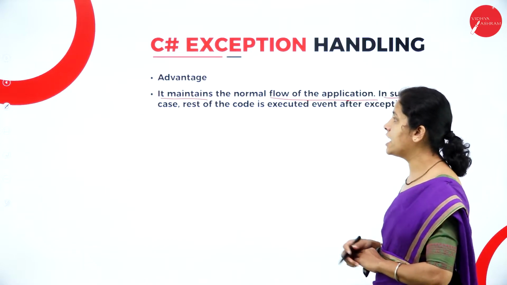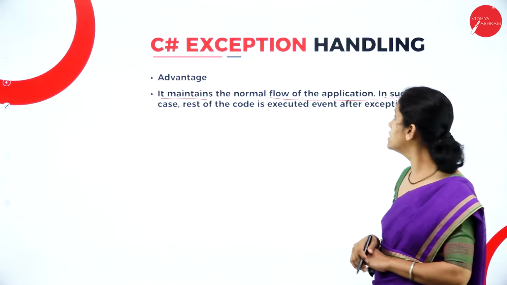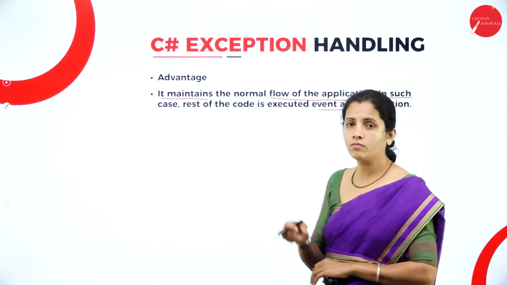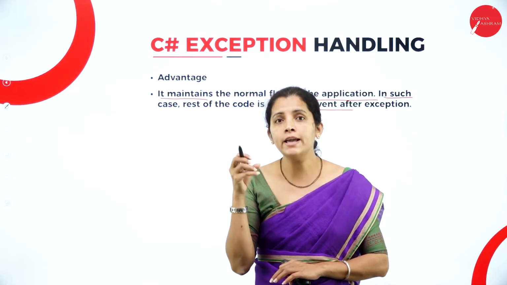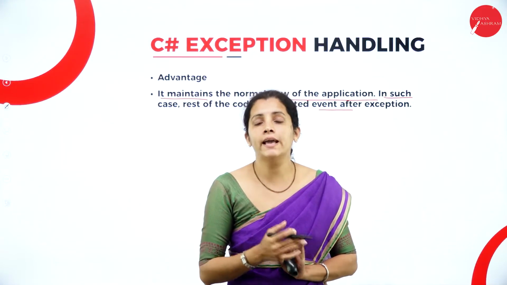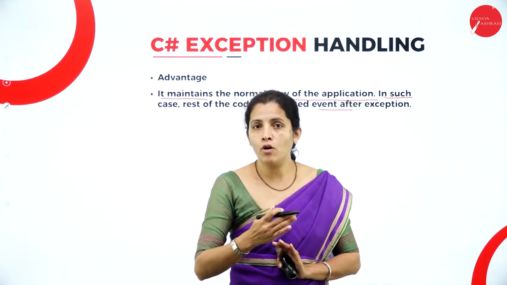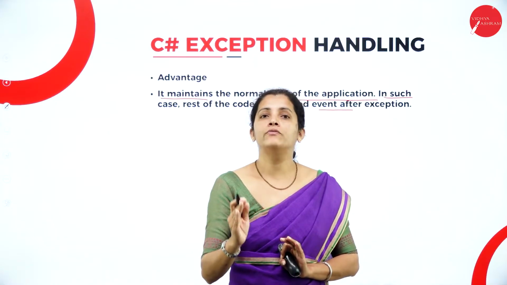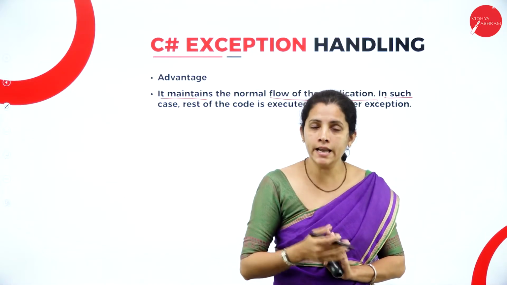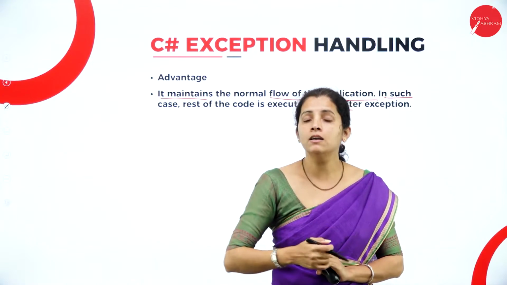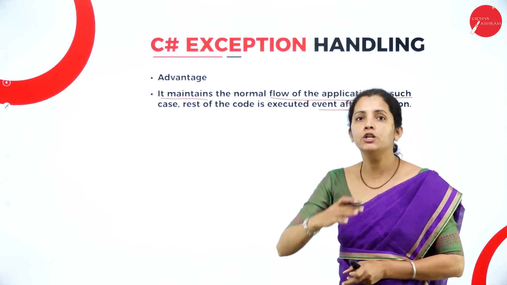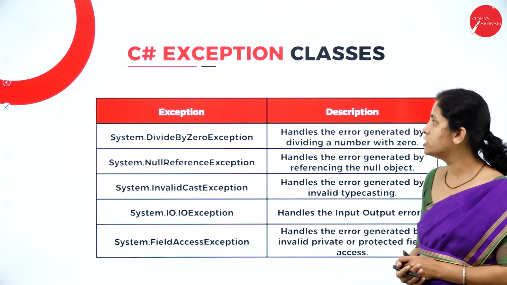In such a case, the rest of the code is executed even after the exception. If I use the exception handling methodology in my program, then I can follow the normal flow of the execution. Even if an exception is generated, it is handled properly so that we can continue the normal flow of the execution.